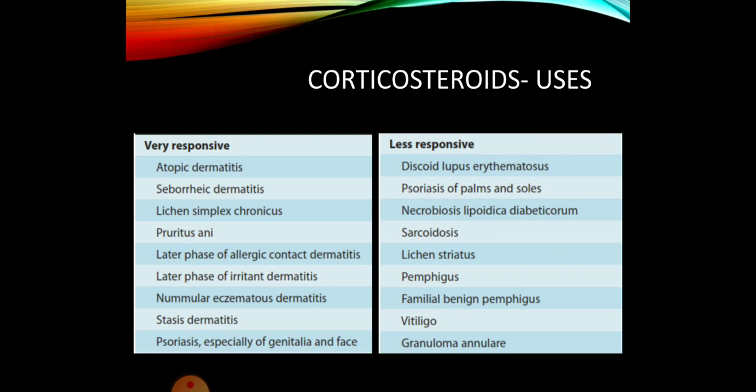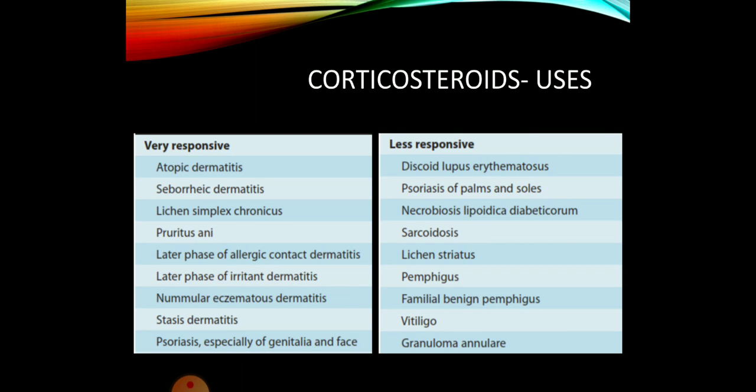And the adverse drug reactions mostly we encounter are the skin atrophy, and due to high potent drug you may have seen the problem of hypothalamico-pituitary suppression.